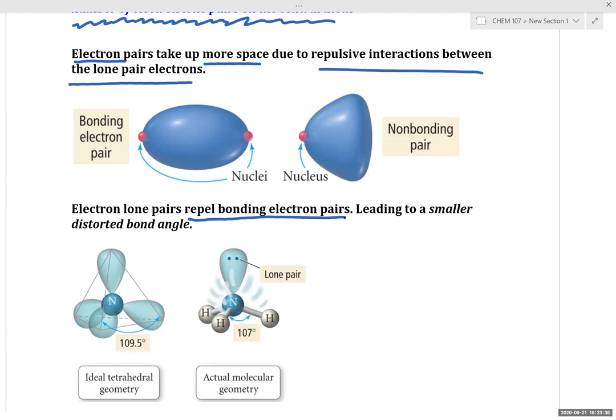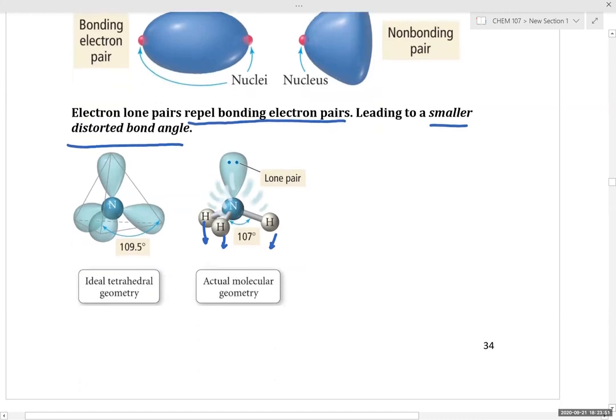That in turn pushes our bonds closer to each other, leading to a smaller distorted bond angle. So the more lone pairs we have, the smaller our bond angle will be compared to our ideal geometry.